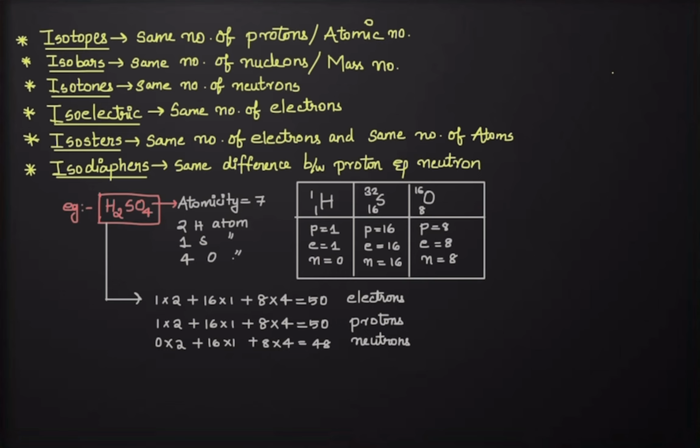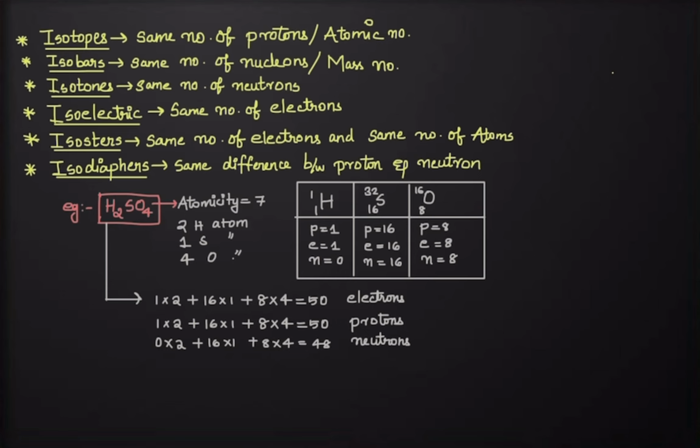We have to find the number of electrons, protons and neutrons in this compound. We know how to find them in atoms like oxygen, sodium, fluorine. So we have to find them in the molecule.